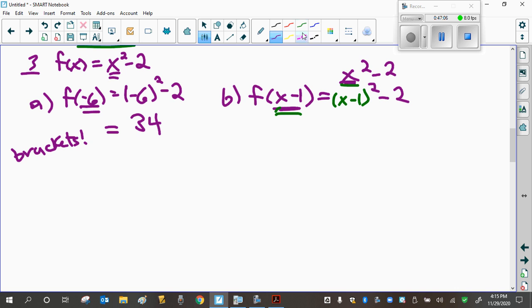And now this is a rewrite in FOIL question. So x subtract 1 times x subtract 1, subtract 2. And now I FOIL away and collect like terms.